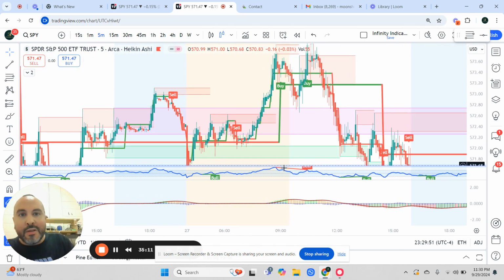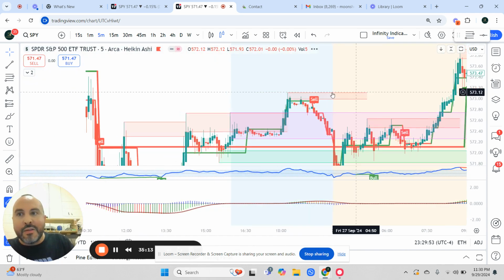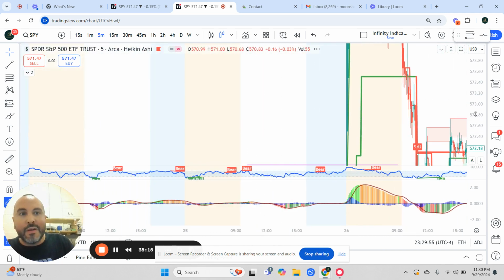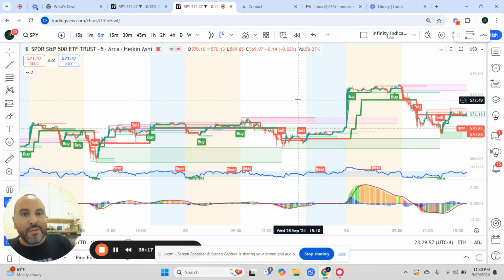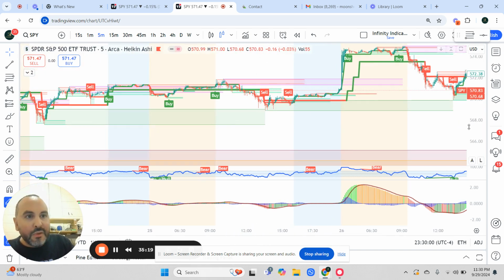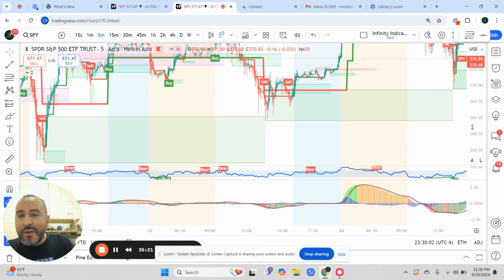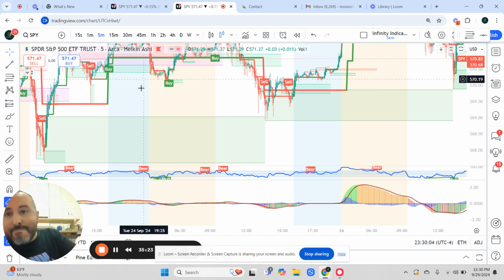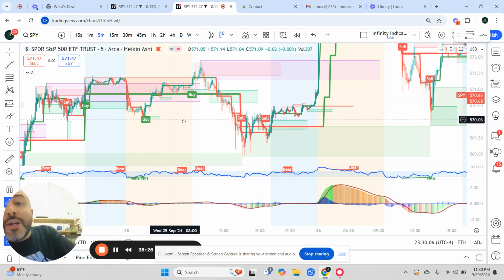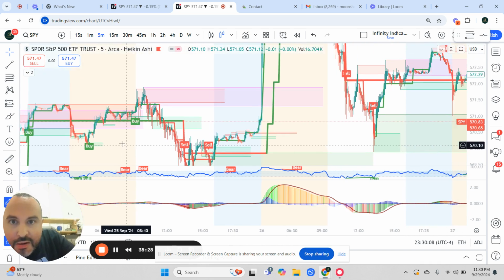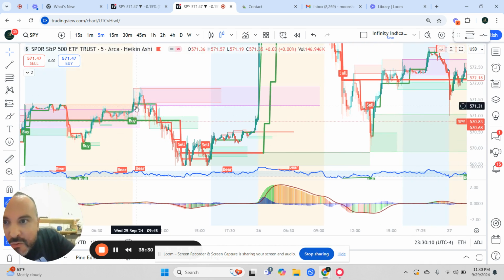So let's see if I can find a decent example. So obviously green is support, red is resistance, right? So how does that help us? It helps us see where we take profits and where we're potentially entering.